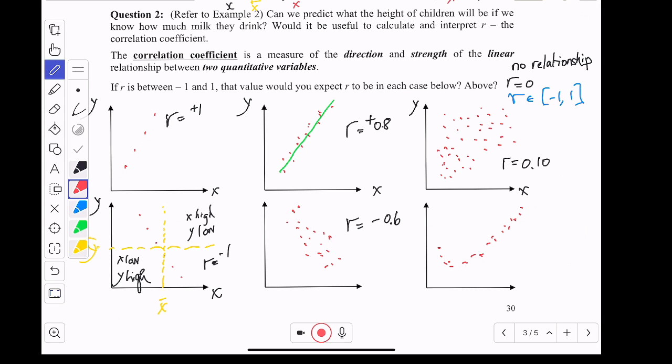Okay, so if we were to try and calculate the R of this relationship, you shouldn't calculate R for this, right?